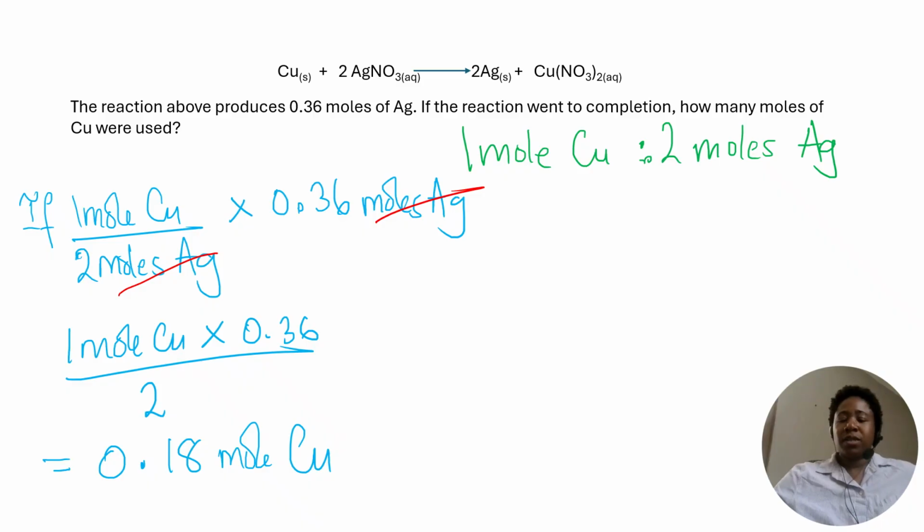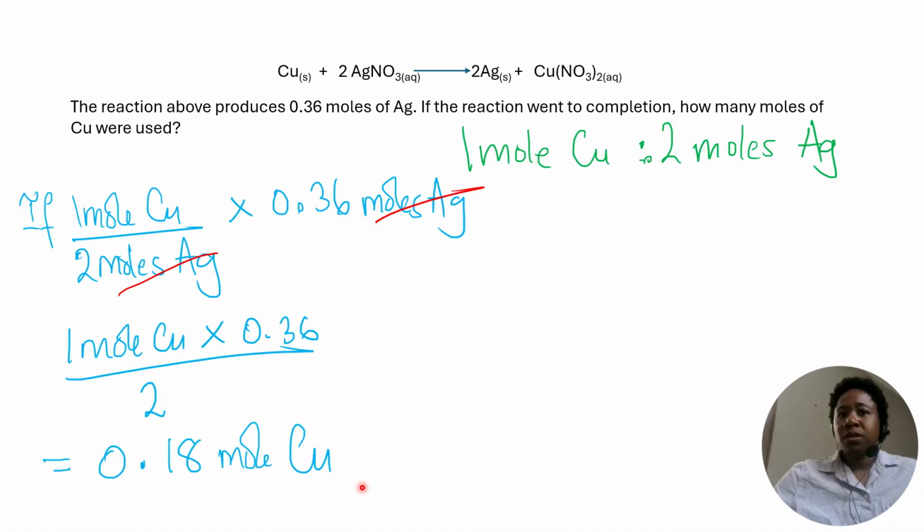So that tells us that if we have this reaction and we produce 0.36 moles of silver, we used 0.18 moles of copper. And the equation does tell us for every 1 mole of copper, we produce 2 moles of silver. So if we use 0.18 moles of copper, we will produce twice as much silver, which is then confirmed.